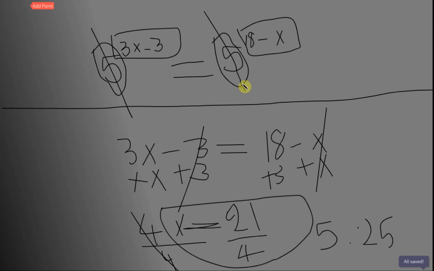Because this is 5.25, you multiply by 3. 15.75 minus 3, 12.75. So this whole thing goes to 12.75. After that, you're left with this. So 18 minus 5.25, 12.75. Yep, 12.75.